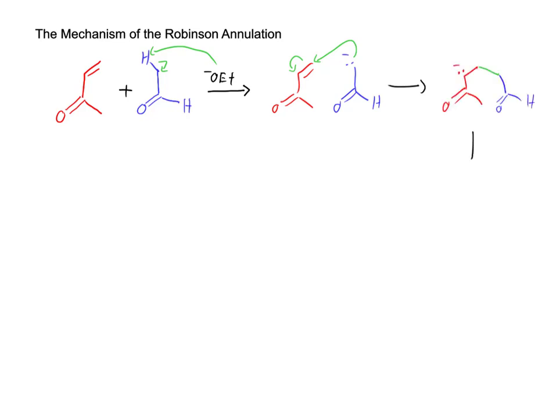Next up, we are going to use our alcohol that we generated, and we are going to protonate that lone pair. That finishes the Michael reaction part of the Robinson annulation.